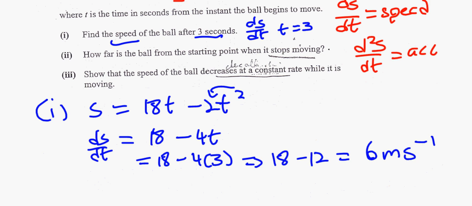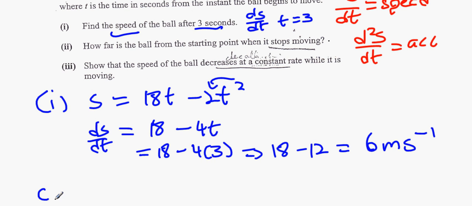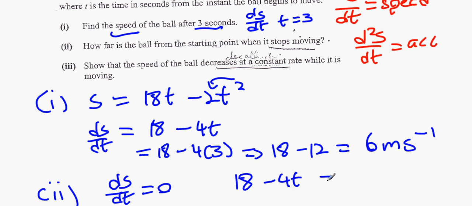Okay, part 2. How long does it take for the ball to stop moving? Now, when it stops moving, this basically means that its speed equals 0. So the ds/dt, or its speed, has to be equal to 0. So this means that 18 minus 4t must equal 0.